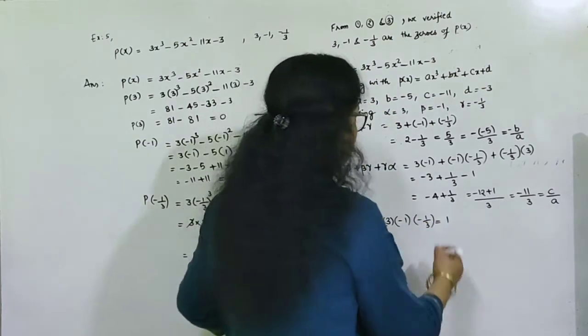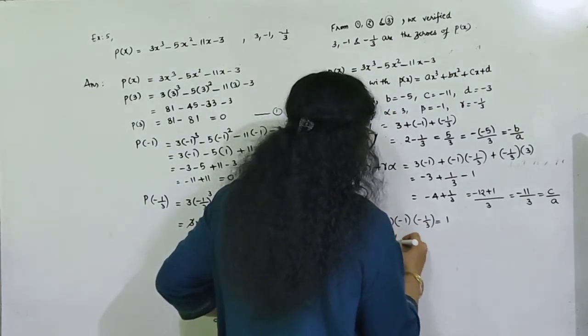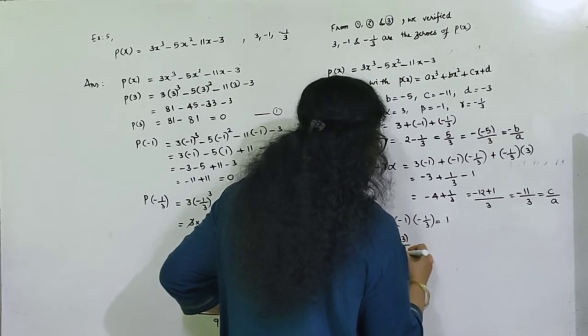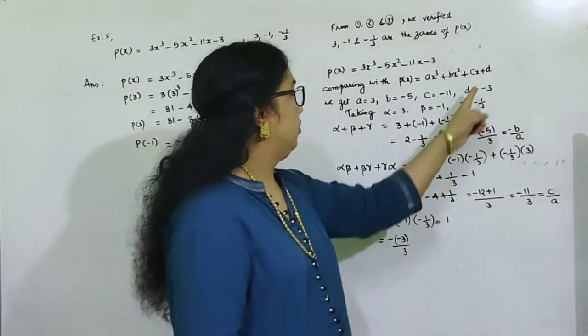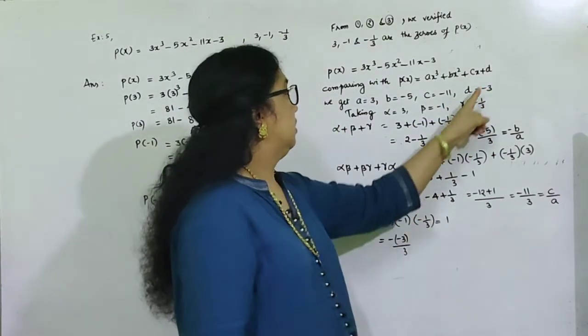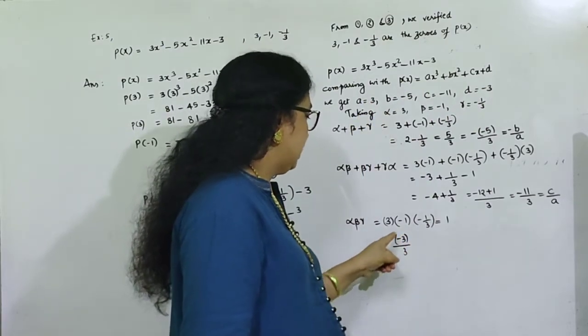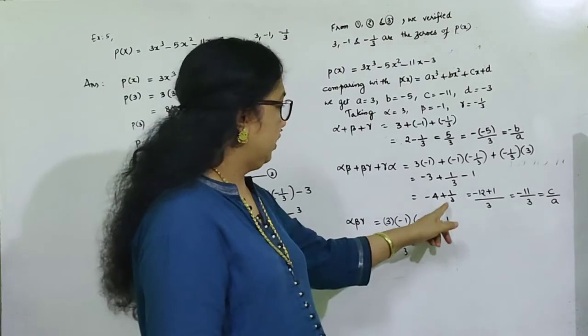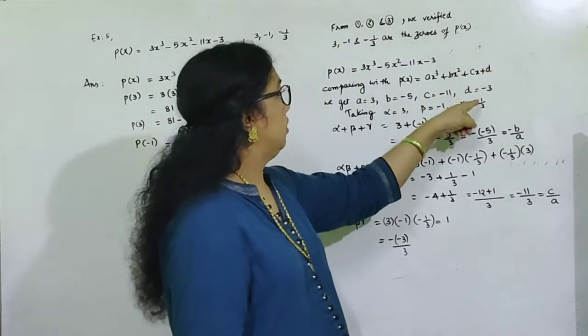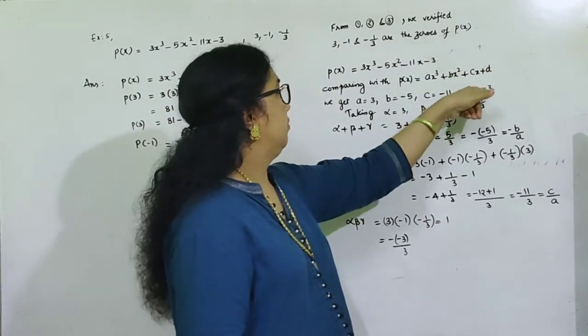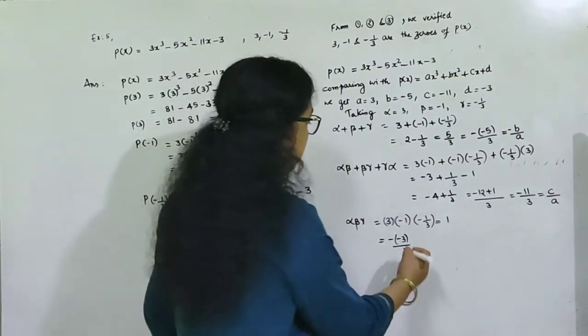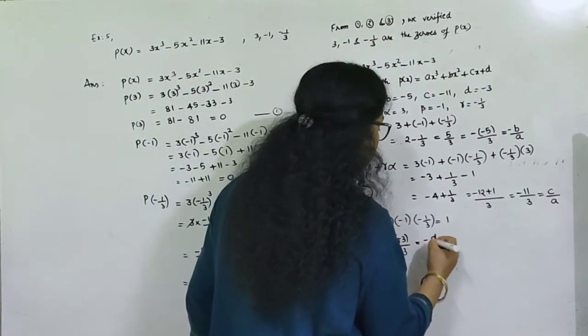So 1 you can write as minus of minus 3 upon 3. First write minus, then minus 3 upon 3. Minus 3 cancelling, 1, minus or minus 1, that is only positive 1. So you write from this question only whichever form you need. So that is equal to minus d by a.